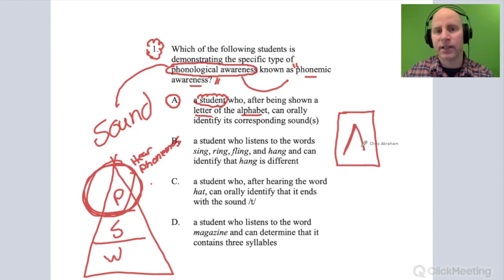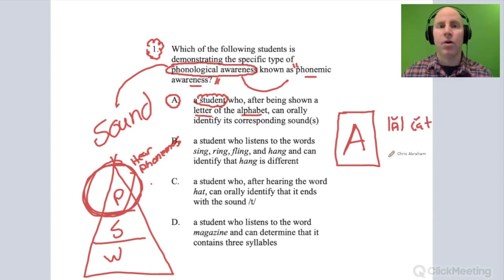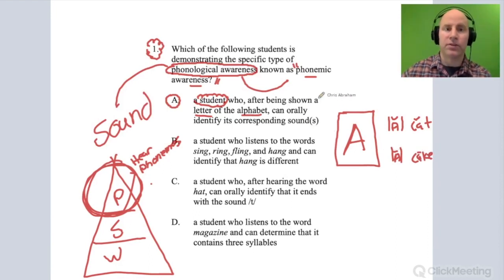It's involving letters, and the child sees the letter and orally identifies the corresponding sound or sounds, like A has 2 sounds: the short A sound, like in cat, or the long A sound, like cake. Now, this is a great activity, but it's connected to the alphabetic principle.